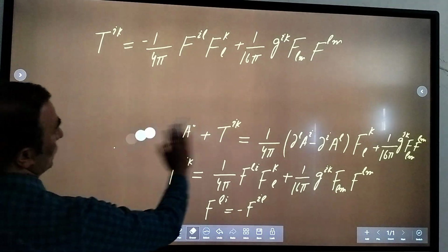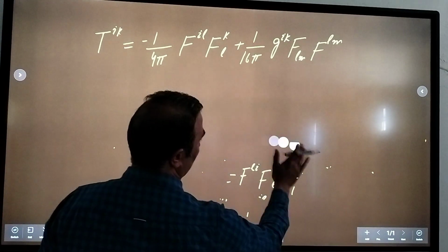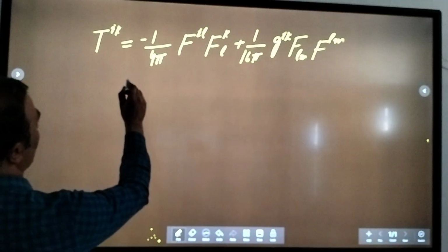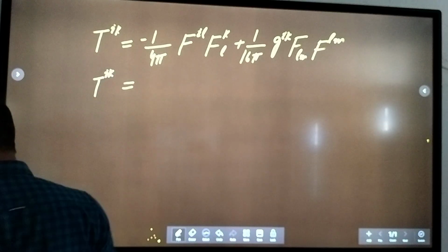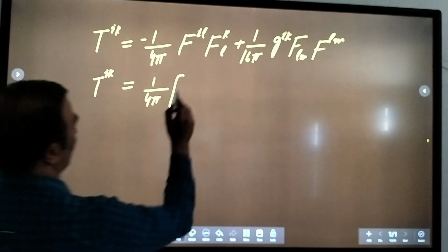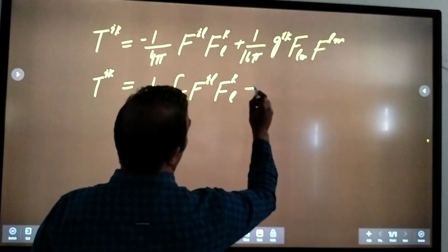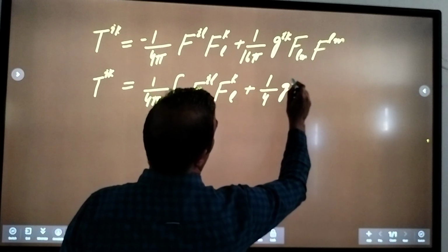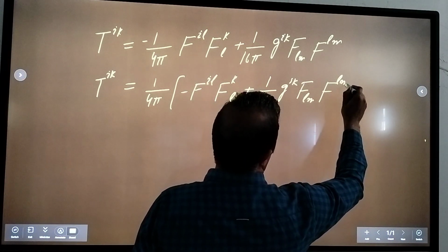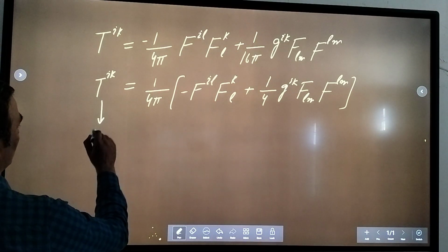Now let us write. If I combine this equation now, I can rewrite this term, so this T of i k will be equal to 1 by 4 pi, and inside will be this, and this is symmetrical.